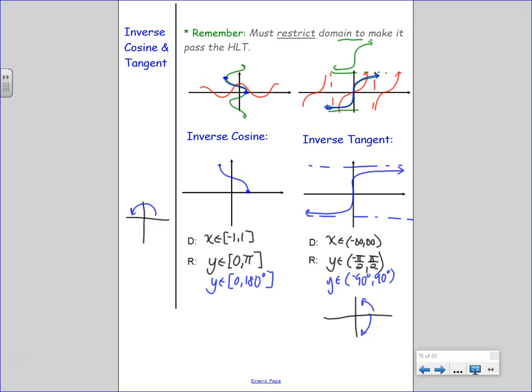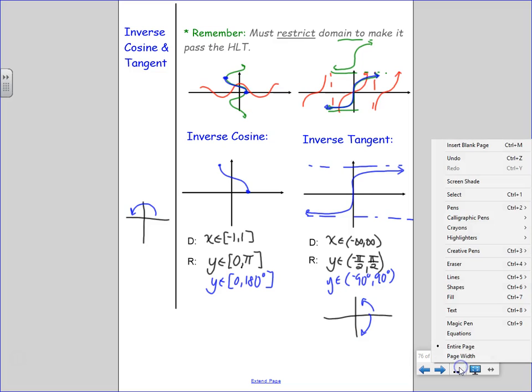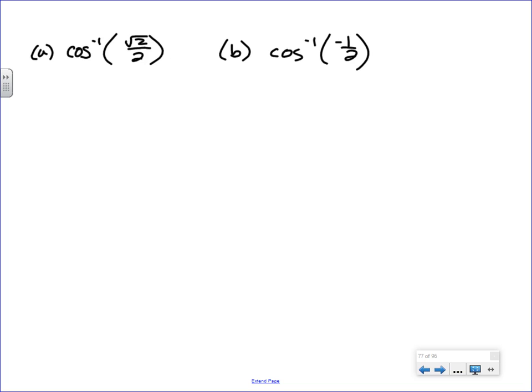We're just going to end with a couple examples. What if I was to give you cosine inverse of square root of 2 over 2? Cosine inverse of negative 1/2. Question, where in the unit circle, for cosine inverse you're only allowed to go between 0 and 180? 45 degrees.